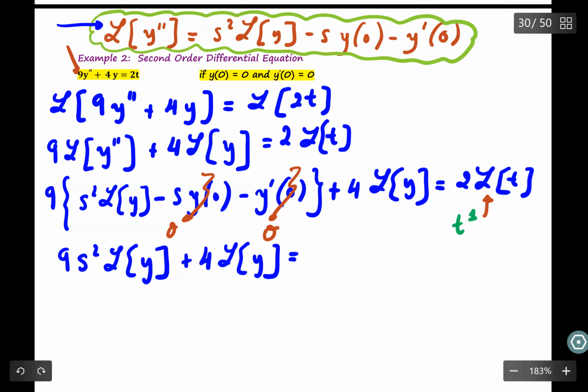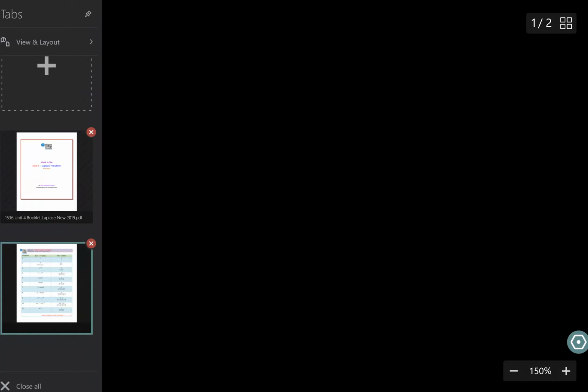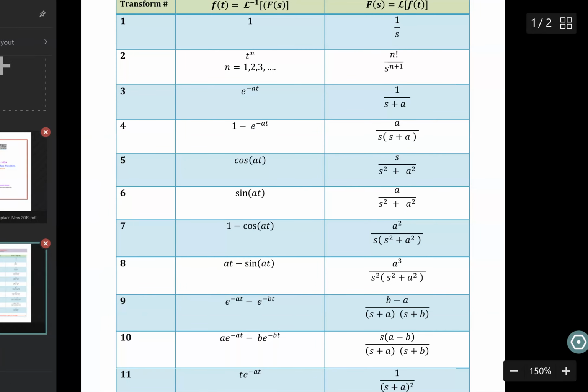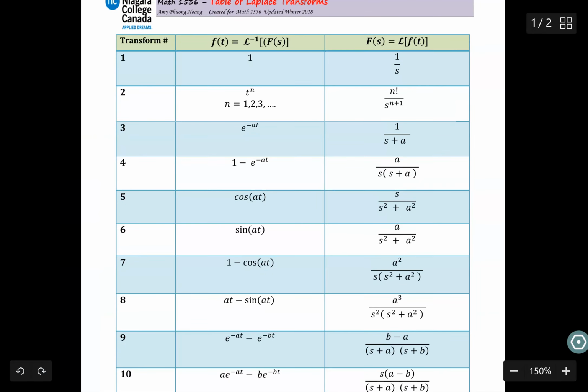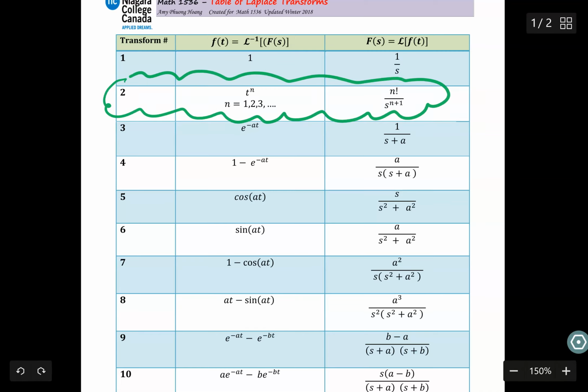Writing t to the exponent 1, I can compare with my Laplace transform table to see which one I can use. In this case, you see that I can use Laplace transform number 2. So with t to the exponent n, in this case n is equal to 1, I will have n factorial divided by s to the n plus 1.